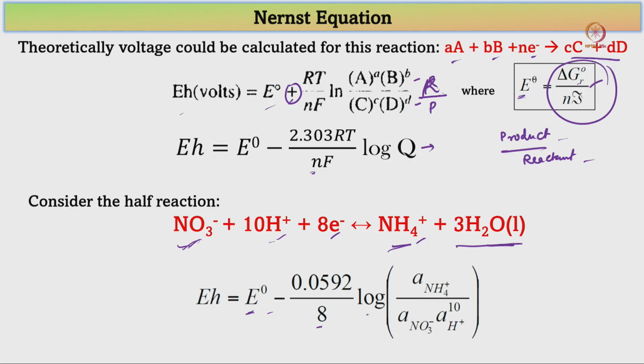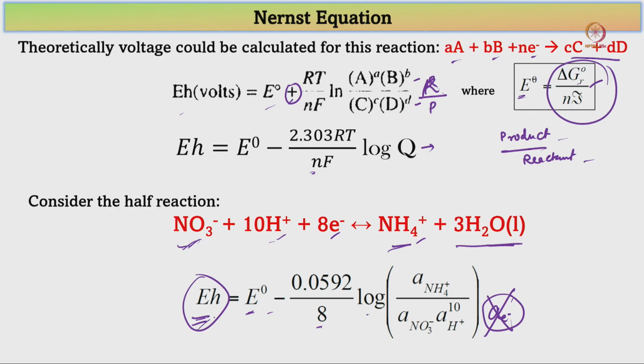Thing to note is we are not going to add any activity of e minus. When we are writing in terms of EH, the activity of the electron is not written, because this is what we are going to measure here. This is what EH is, so we cannot have the same thing on both sides.